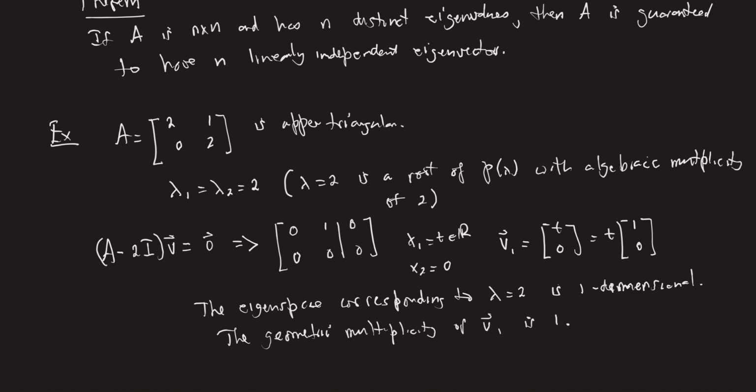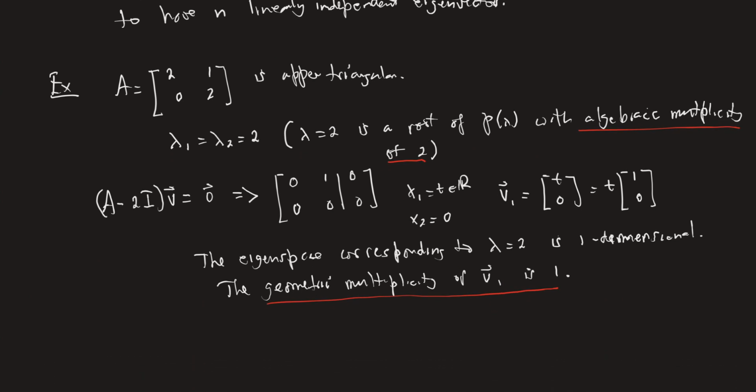So therein lies the problem. We have an algebraic multiplicity of 2, so we have a double root, but we basically just have a single eigenvector, and this is problematic. So this matrix A is not diagonalizable. There are some matrices out there where, as much as we would like to be able to do this, it's not possible.